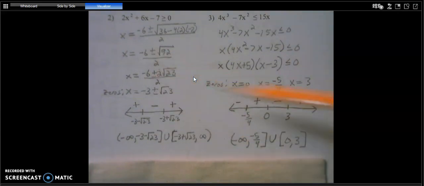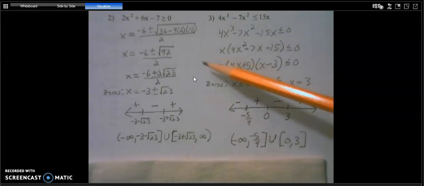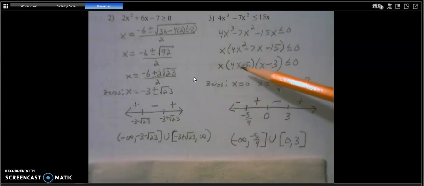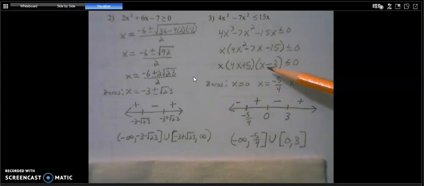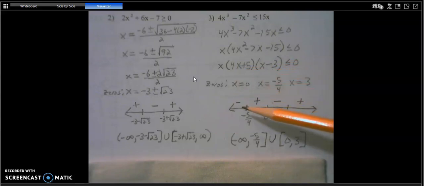Okay, so again, just to be clear, when you have 3 x-intercepts, you put all 3 on your number line, and then take a number to the left of -5/4, like -10. We'd have a negative times a negative times a negative. So if you multiply 3 negatives, you end up with a negative answer.